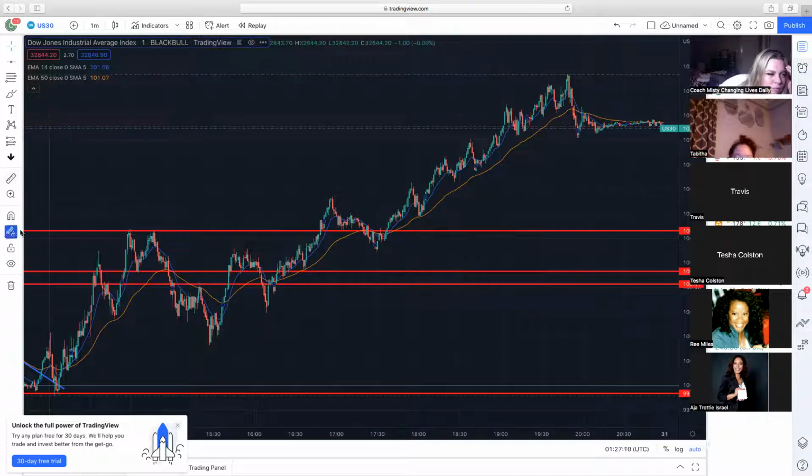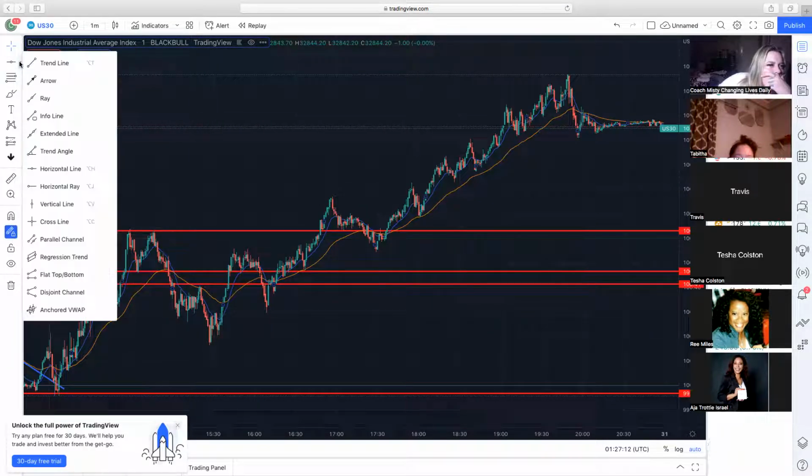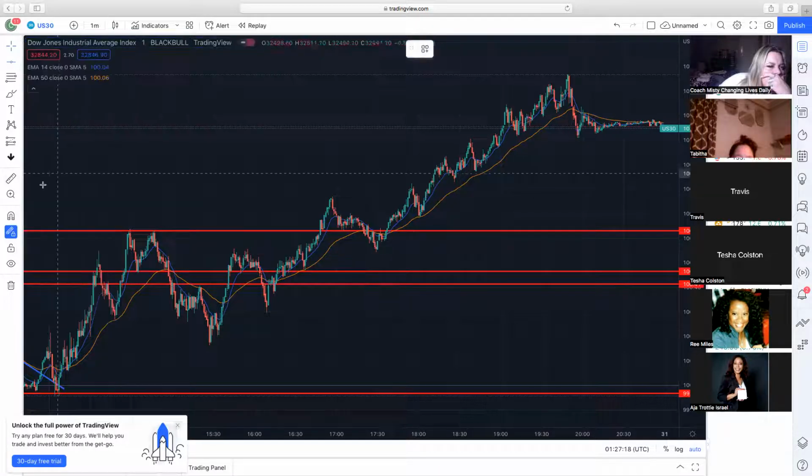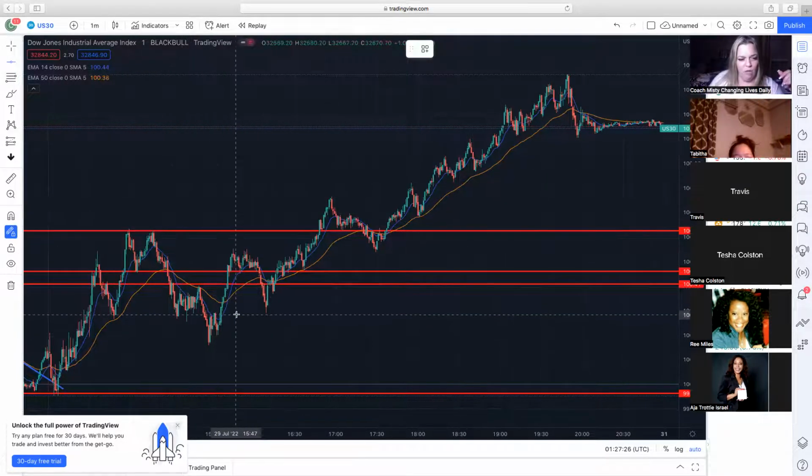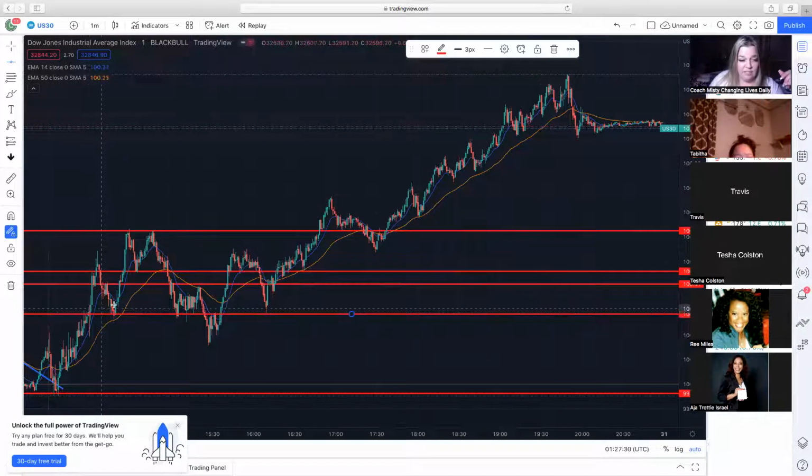Oh, let me do this right quick. Okay, look right here. That's why I like the crosshairs. You can pull it down, you can look all the way across the screen. Resistance. I mean, support, resistance.